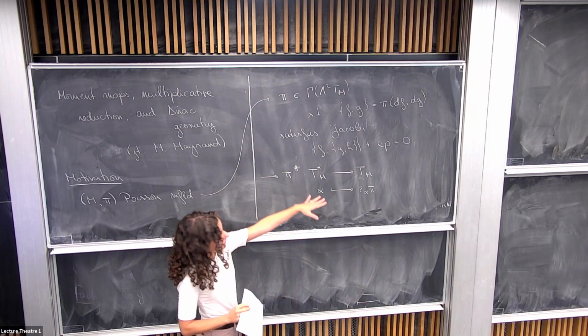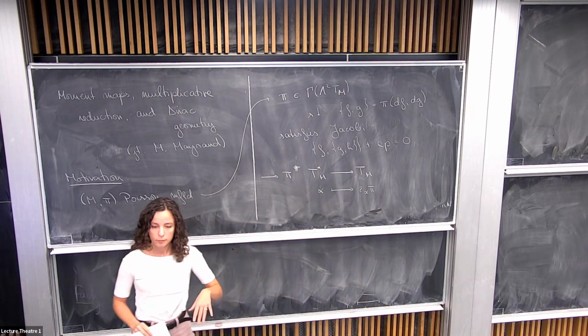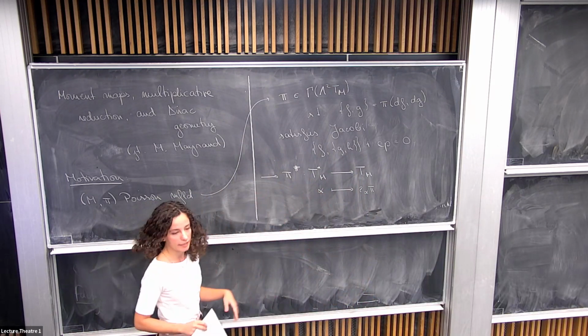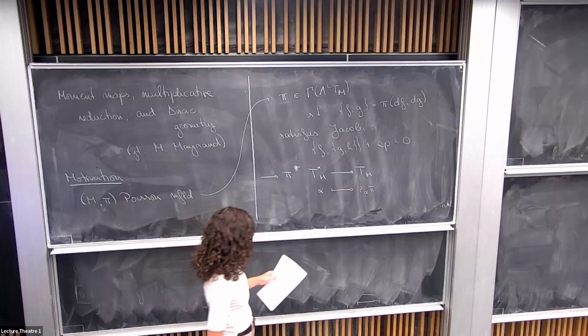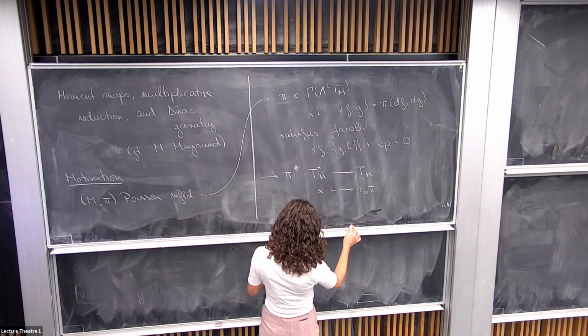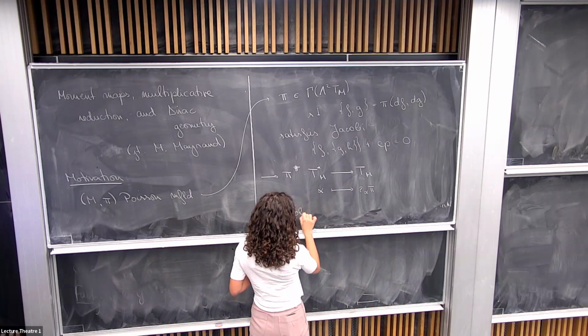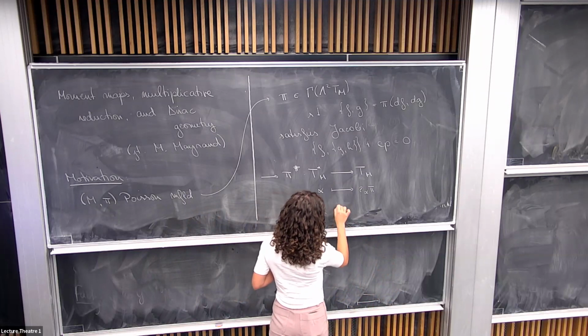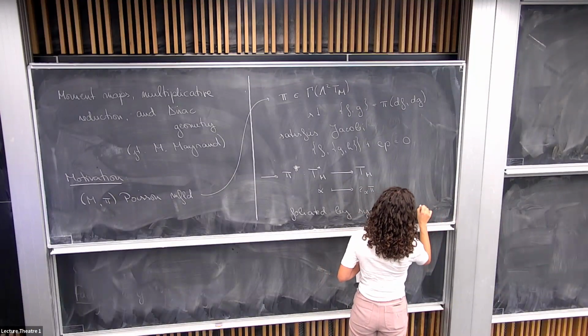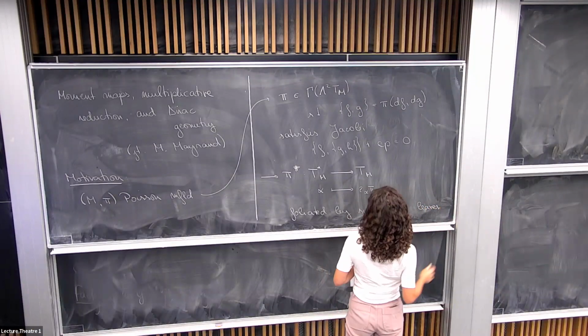And the image of this map is a distribution in the tangent bundle, and it's the distribution that integrates to the foliation of M by symplectic leaves. So M is foliated by symplectic leaves.